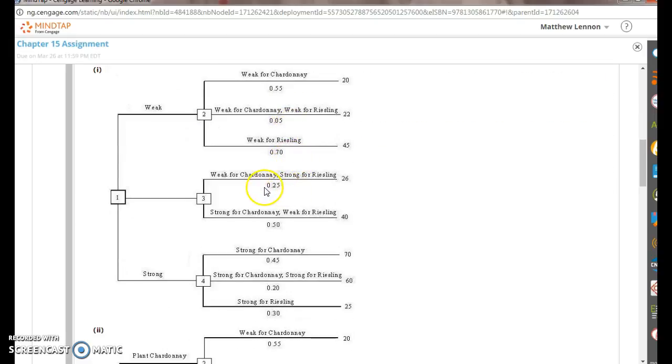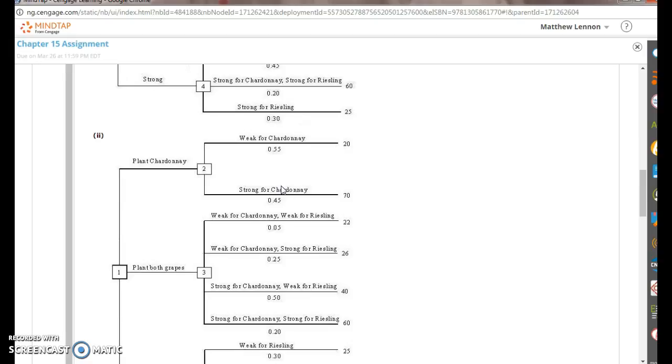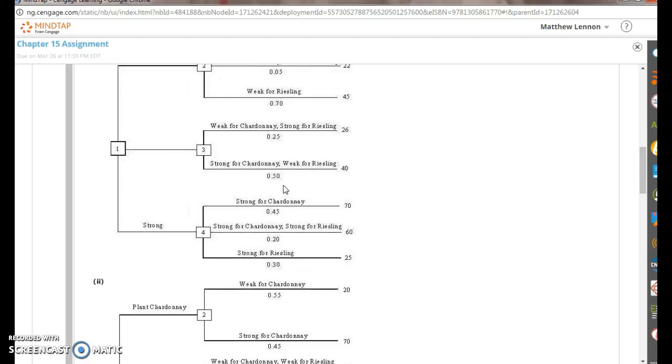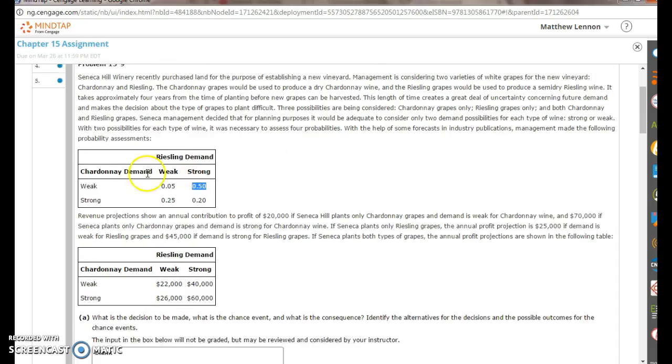This one had 0.25, which is incorrect. Maybe I looked at the wrong one, strong for Chardonnay. Let's see, I looked at Chardonnay demand, weak for Chardonnay, strong for Riesling. Unless I'm looking at this backwards, the chart's kind of hard to tell.